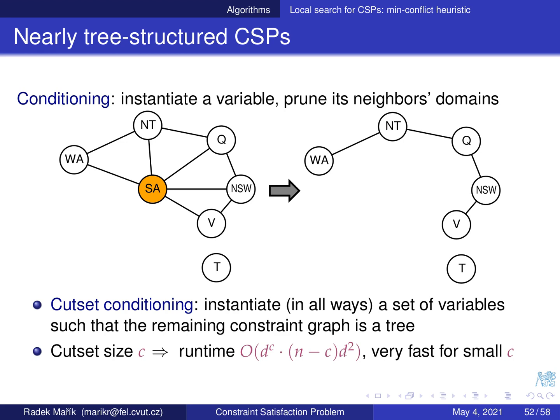Of course, the question is how to find those nodes that after their removal we produce the tree, and it is so-called cutset conditioning. So basically, you are trying to search for a set of variables that if you remove them, you get a tree.